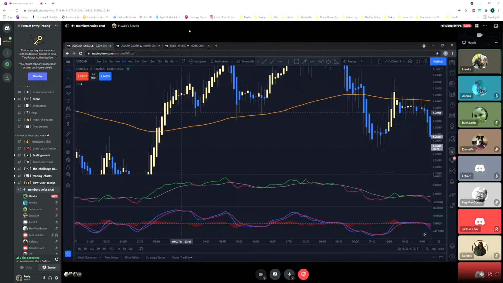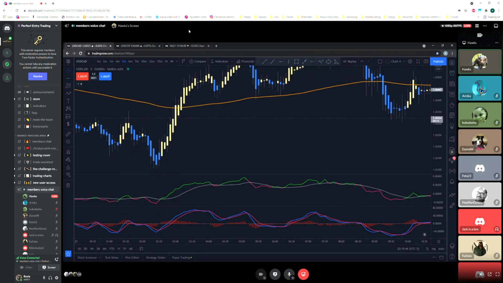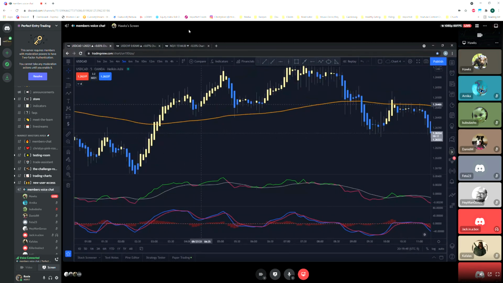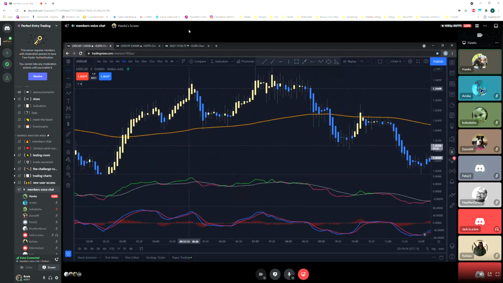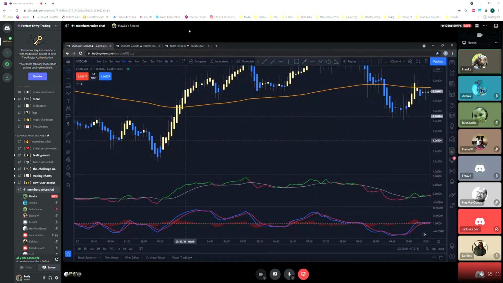This is a better one right here. You do have some wicks, but in a good strong uptrend, you don't have wicks at the bottom. This is what pushes the price up with Heikin-Ashi. And once again, you still get rejection wicks, just like you would using traditional candles.